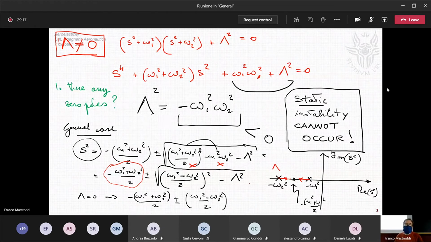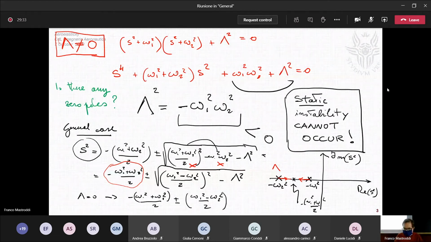And for a special value of lambda, the two s square roots coalesce at the average value. This occurs when the square root is 0.